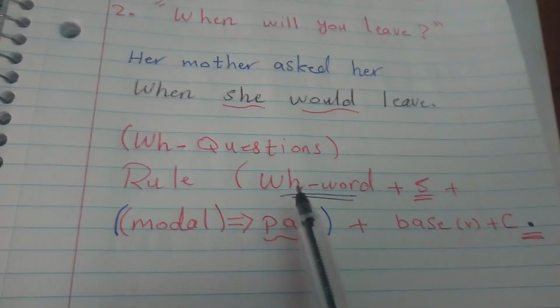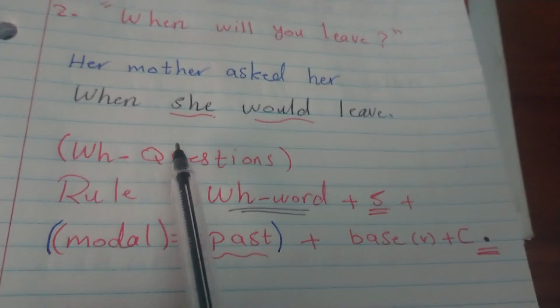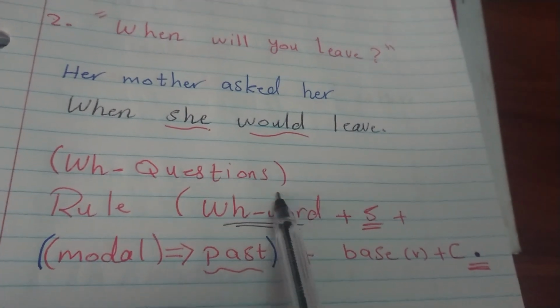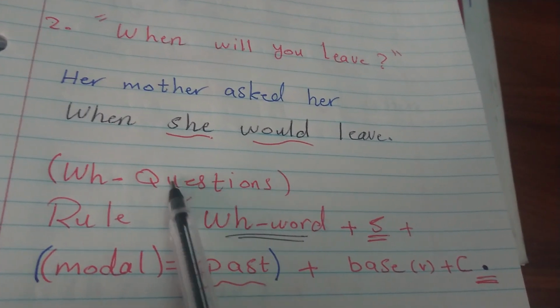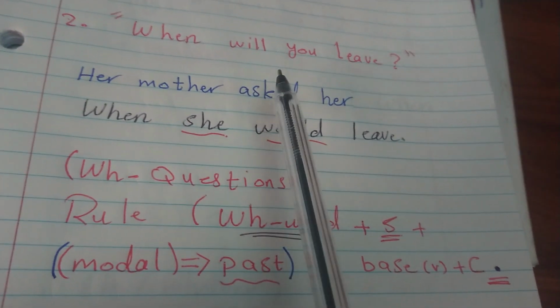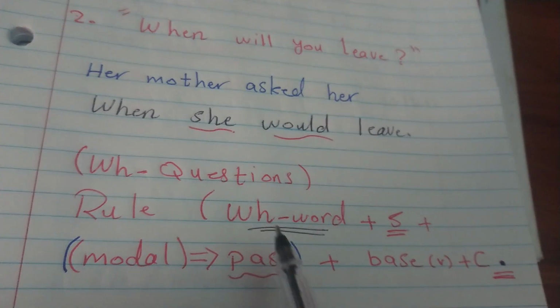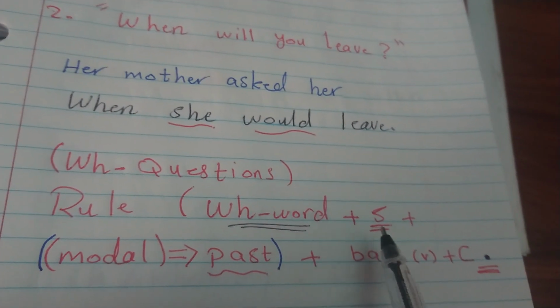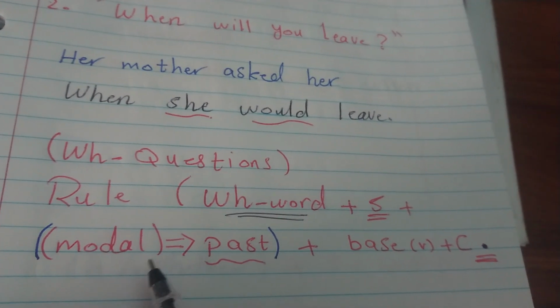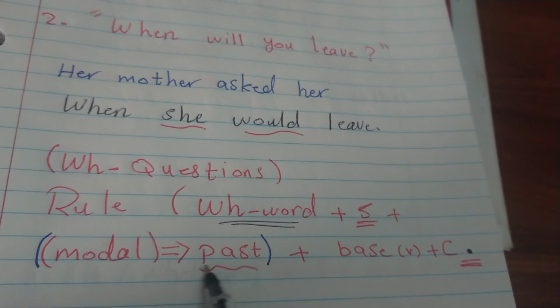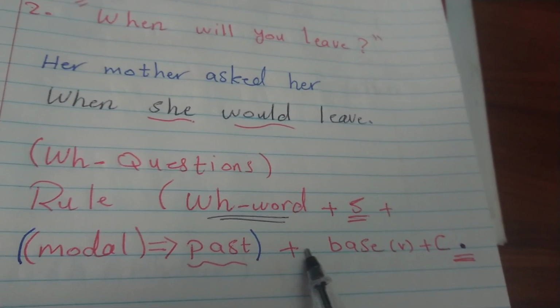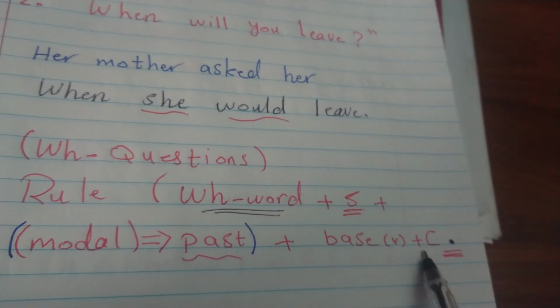So, if we are going to extract a rule for reported questions with WH words with modals, we are going to start with the WH word, then subject plus modal, but the modal, as we said previously, will be in the past. Then after that, we are going to use base verb plus complement.